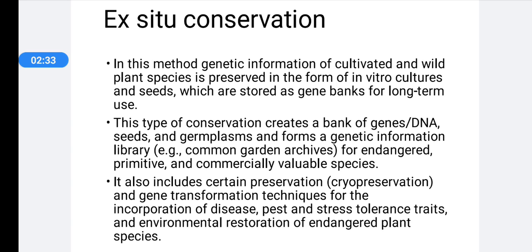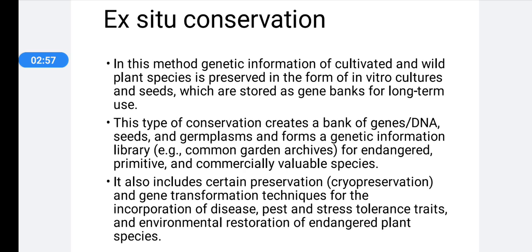So, in detail about ex situ conservation. In this method, the genetic information of the cultivated and wild plant species is preserved in the form of in vitro cultures and seeds. So you can either store their seeds, or you can make tissue cultures of these plants and store them.